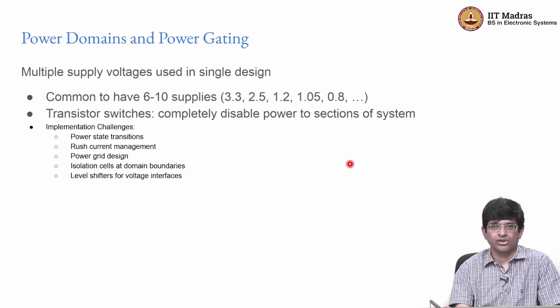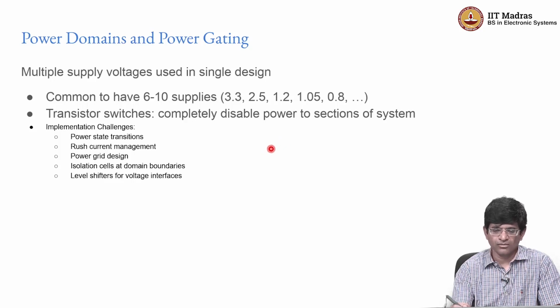You could, for example, have a transistor literally in the supply rail leading into a module, and by disabling it, the entire module is shut off, it does not get power at all, and therefore it does not contribute to power consumption. Now what that means is, at some point in time you will probably have to turn it on again, which means that you have to deal with these power state transitions, a large rush of current that typically happens as and when you turn on individual blocks.